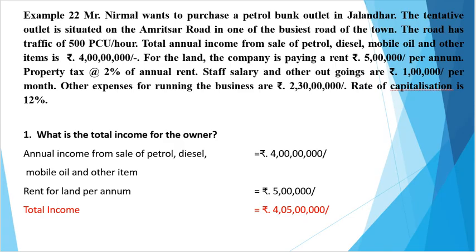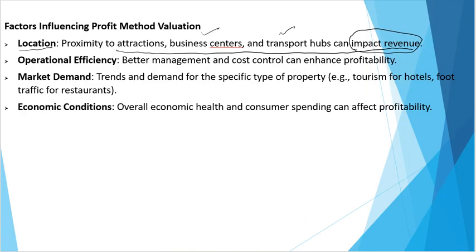Then operational efficiency. Better management and cost control can enhance the profitability. Market demand: trends and demand for a specific type of property, for example tourism in tourist places for hotels, and foot traffic for restaurants.